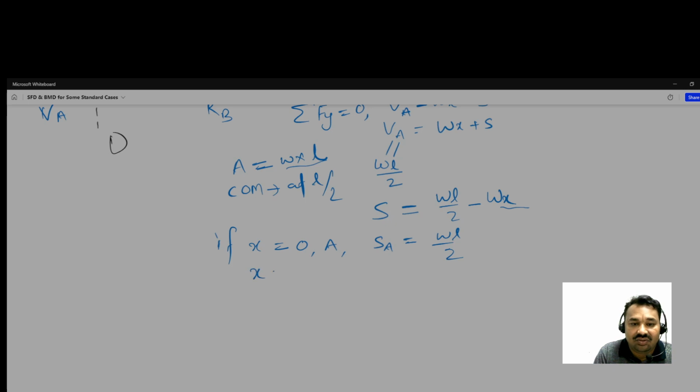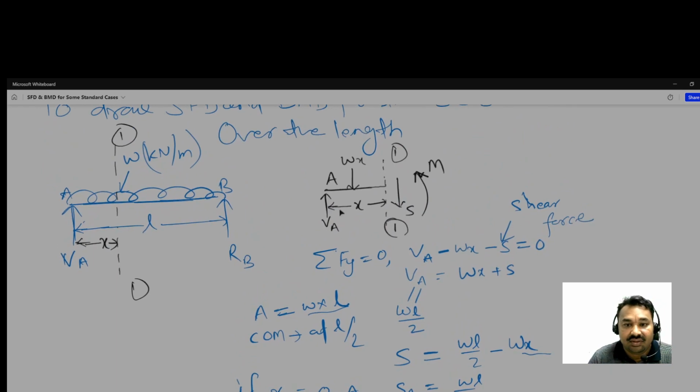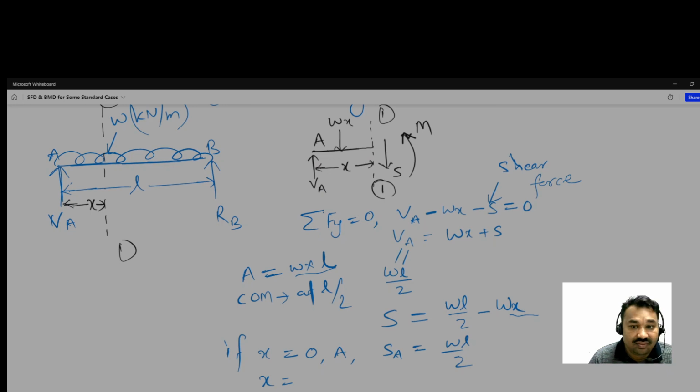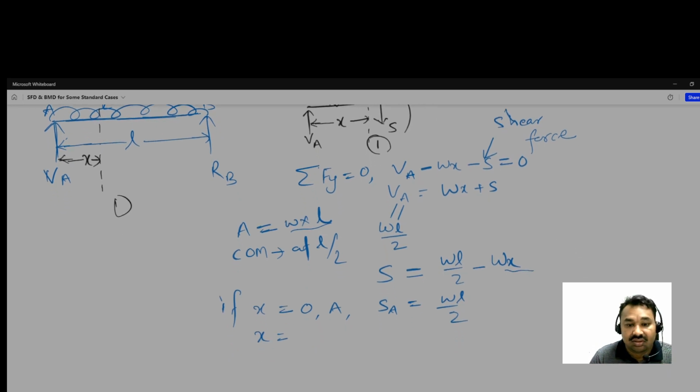And we can take x equal to L by 2, at mid.